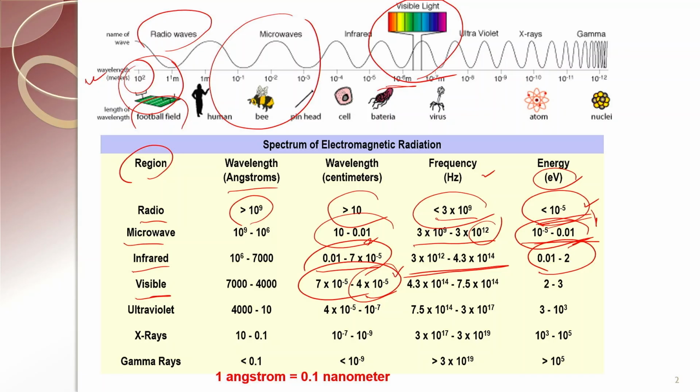So, it is much smaller than infrared, and here the frequency is higher, and the energy it carries is between 2 to 3 electron volt.